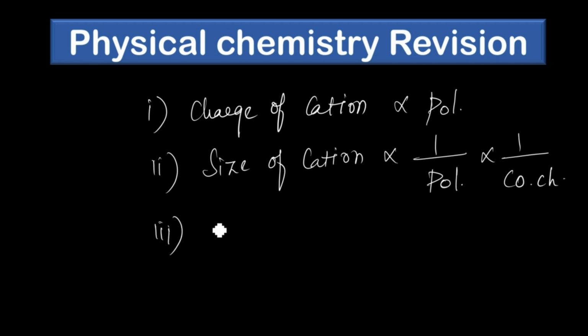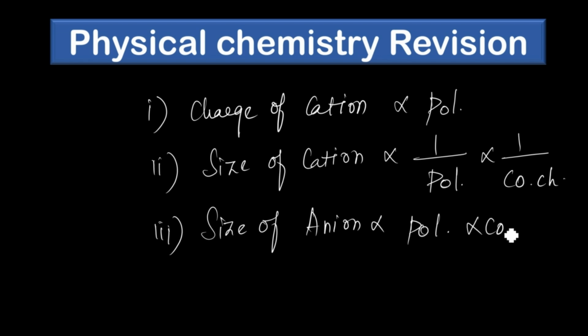And next one, the size of anion, which is directly proportional to polarization and covalent character. Then pseudo inert gas configuration, which has 18 electrons in the outermost shell, has more polarizing power because of effective nuclear charge.